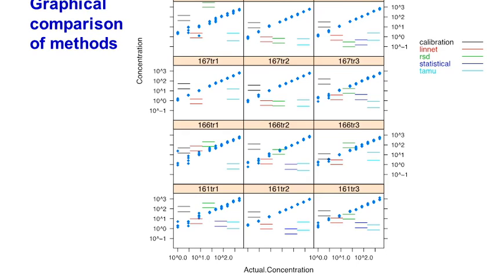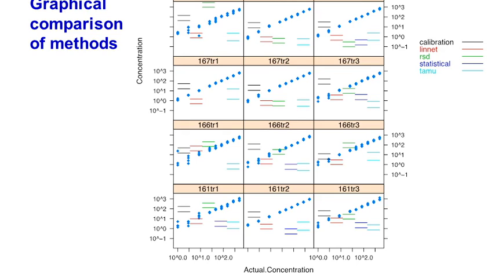If you take 161 transition 1 and look at the red lines, the lower line is the limit of detection, and the upper line is the limit of quantification. So the LOD and LOQ are marked as bars for each of the methods. Straight off you can see that the Linnet method and the statistical method are almost always the same. They're approximately the same.